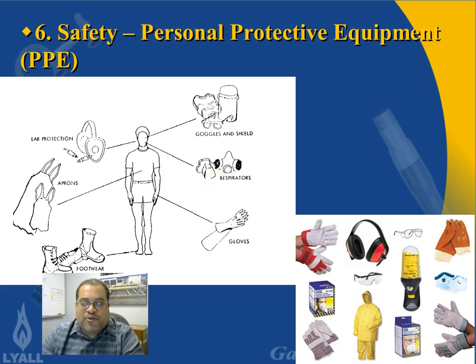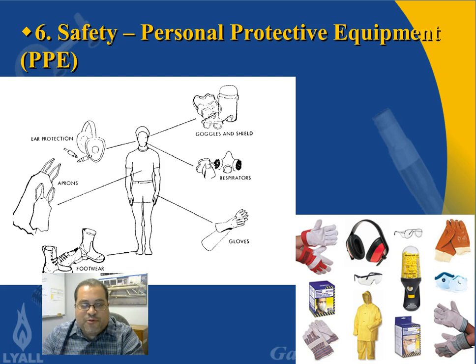Respirators are important wherever there are fumes or anything that could affect your lungs. Gloves are an interesting thing. You want gloves in some circumstances to protect yourself from cuts, but there are certain instances, and you have to be aware of this, where you have spinning equipment, like a drill press or a mill, where you actually don't want gloves because they could become caught in the equipment and cause you to mangle or break your fingers or hand.